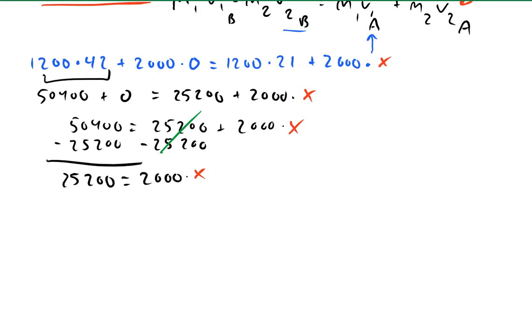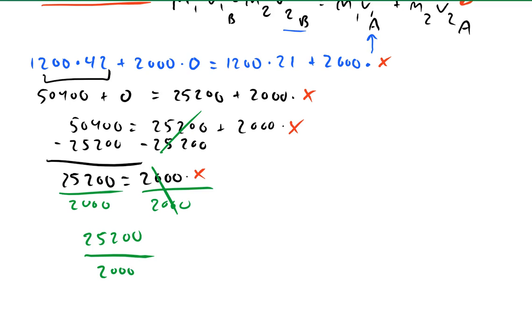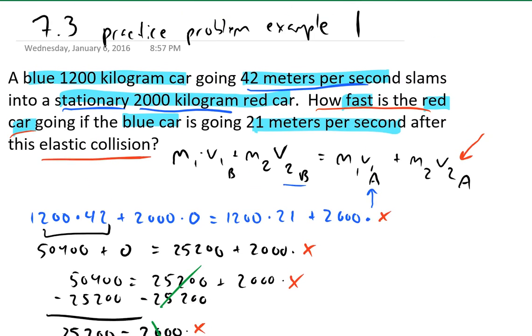From here, all we have left to do is divide both sides by 2,000, getting rid of that on this side. Dividing 25,200 by 2,000 gives me my answer: 12.6 meters per second.